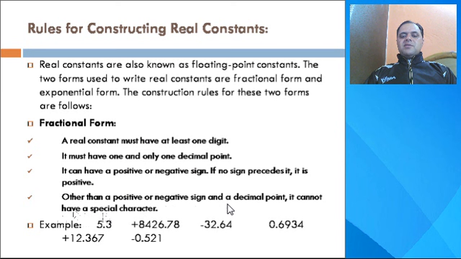Other than a positive or negative sign and a decimal point, it cannot have any other special character. For example, 5.3, +8426.678, -32.64, 0.6934 and so on. These are fractional form.